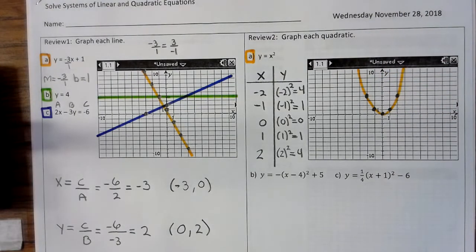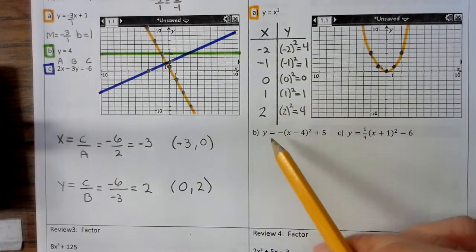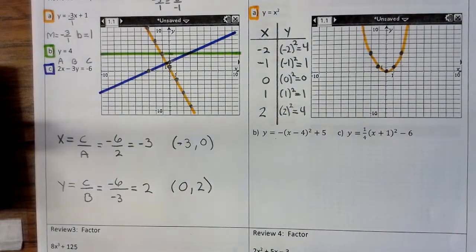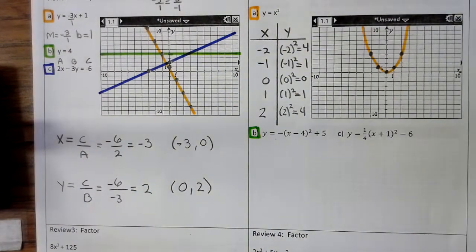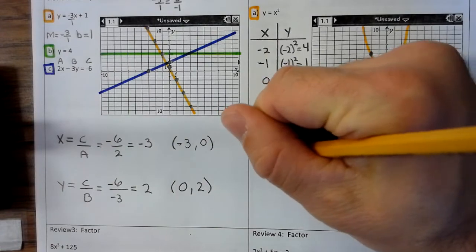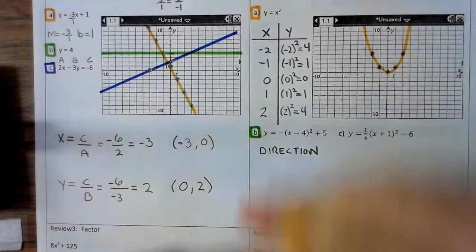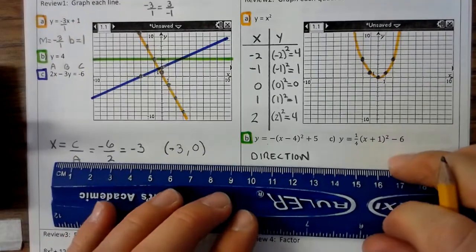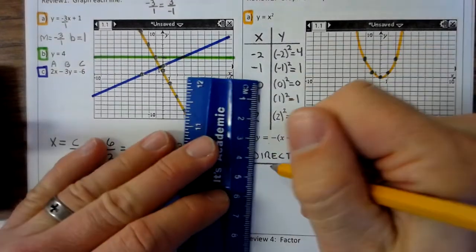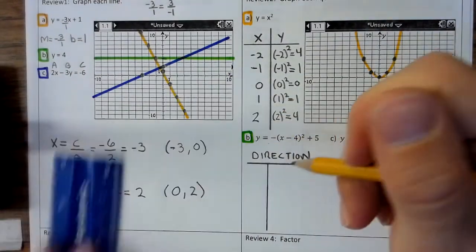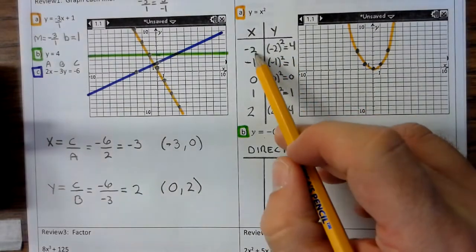Now, it's important that we graph that first because now we can use transformations or graphing by direction to graph B and C. And B, let's do in green. So we're going to graph by direction. Now we know the directions are the points from the parent function.